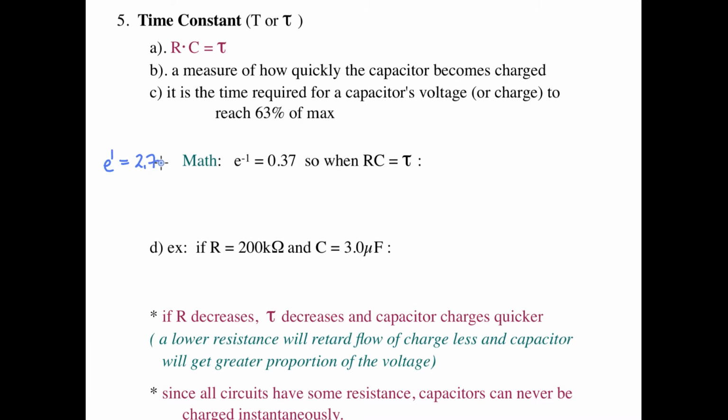And e to the negative 1 turns out to be 1 over 2.7, which is 0.37. So e to the minus 1 is 0.37, and that is where we're getting the 63% from.